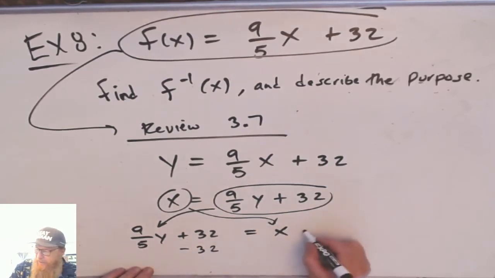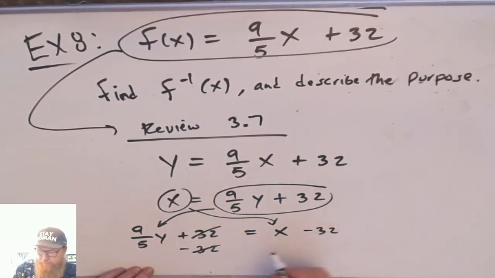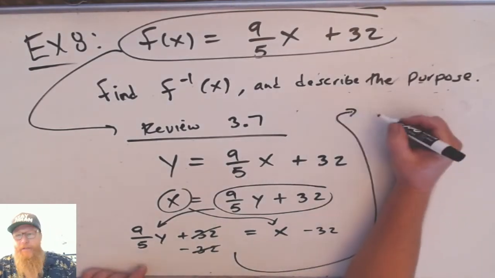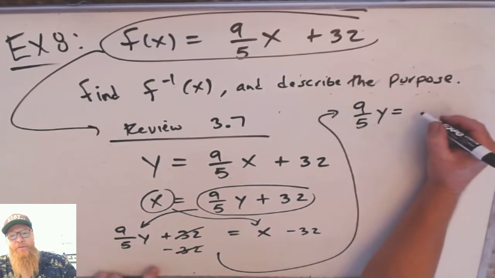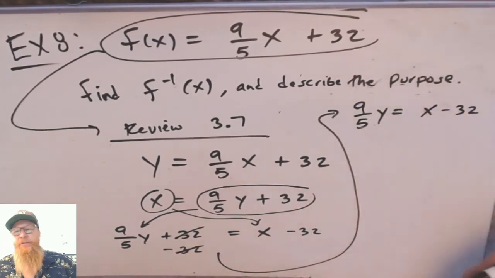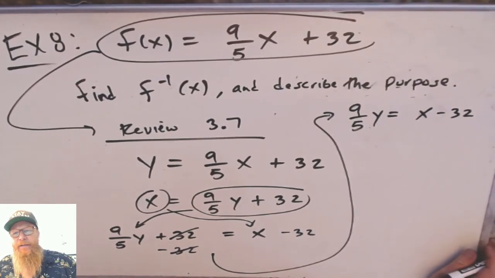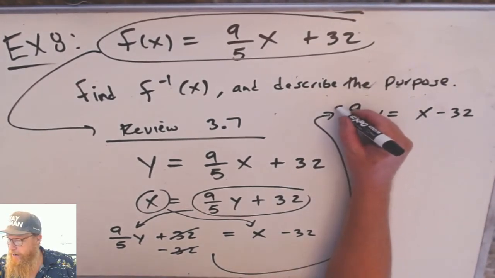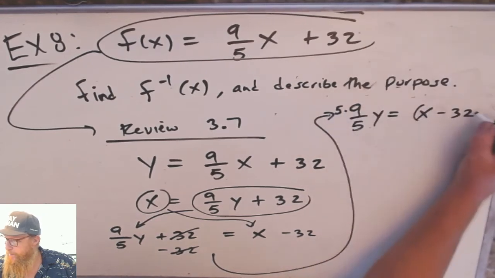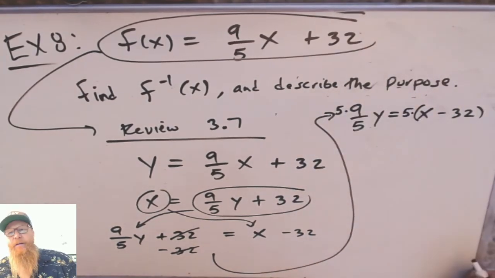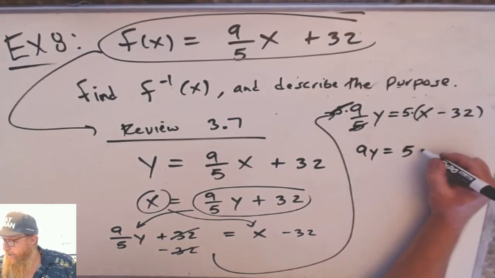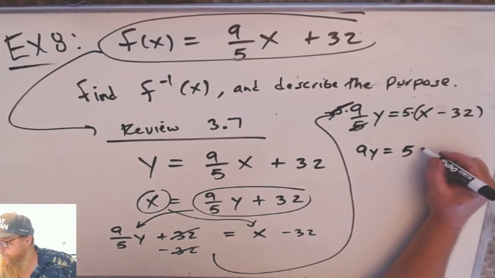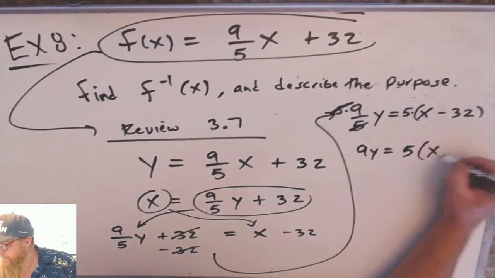I'm going to subtract 32. So now I have 9/5 y equals x minus 32. Then I'm going to multiply both sides by 5. So now I have 9y equals 5 times x minus 32.